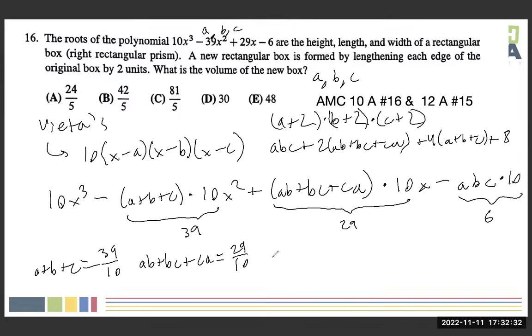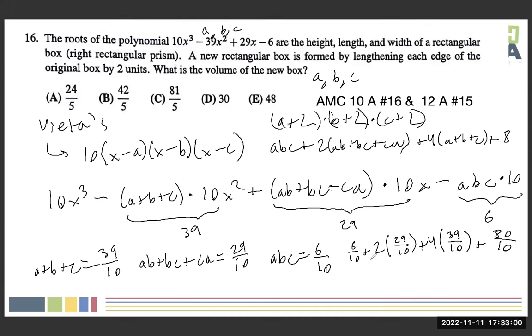And this part gives us ABC is equal to 6 over 10, which basically means that our answer is just going to be 6 over 10, plus 2 times 29 over 10, plus 4 times 39 over 10, plus 8. And 8 is just 80 over 10, you could just say.